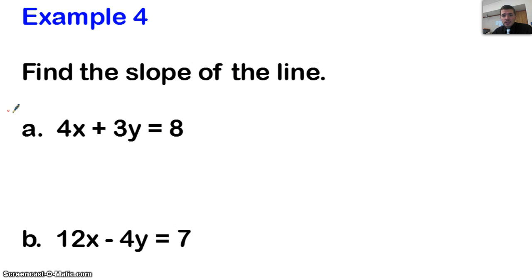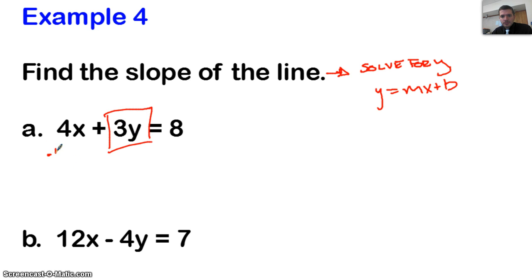All right, so again, when it says find the slope of the line, what it's really asking you to do is solve for y. And by that I mean put it in y equals mx plus b form. So let's do it. Here's my y, I've got to get it by itself. Subtract 4x from both sides.